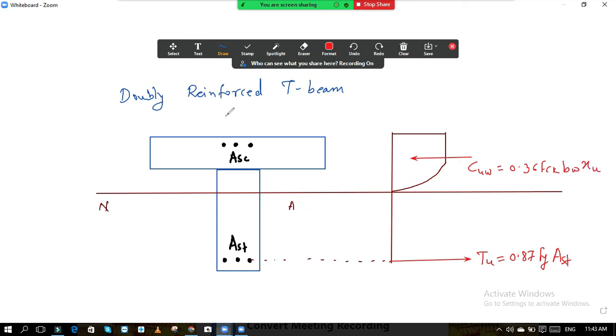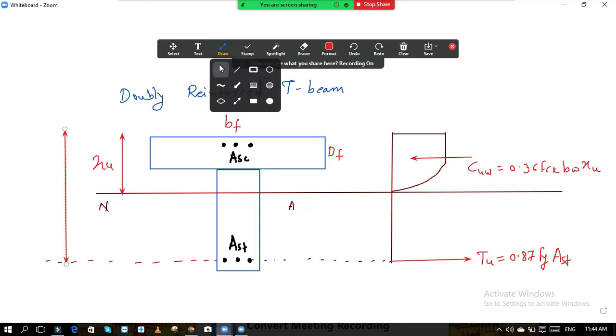We know that this total distance is bf. Now I'm not going to write this Df, and this also you know, this is nothing but your xu, and up to this point, if you calculate the total distance, you know that this is your effective depth d.